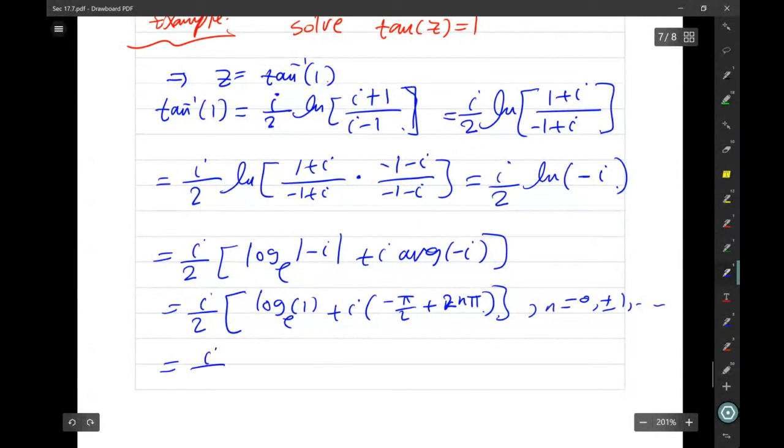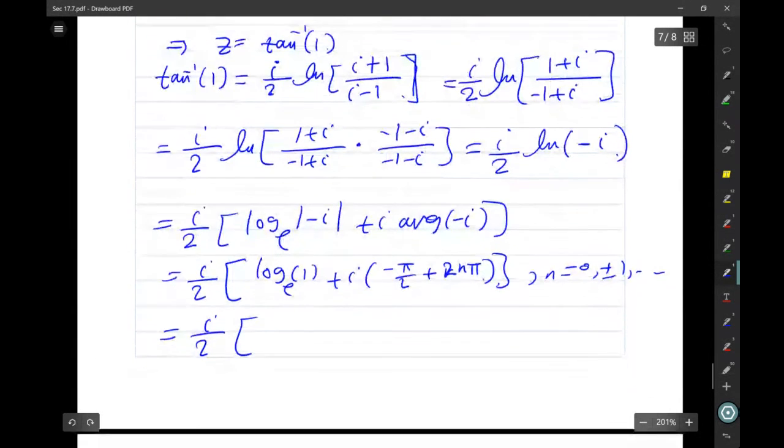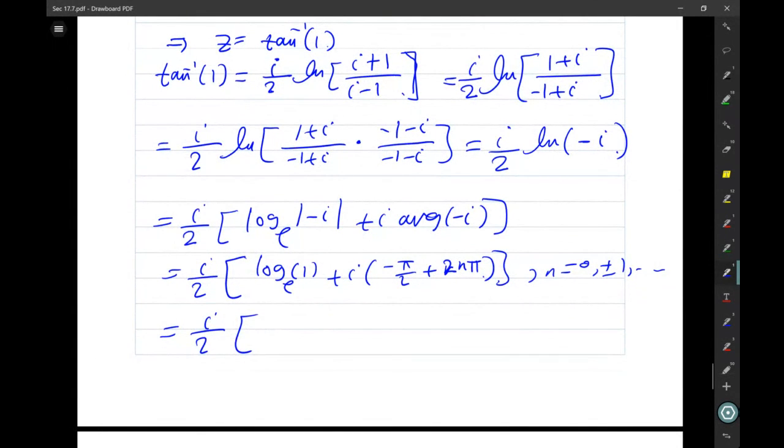This equals i by 2 times logarithm of 1, which is 0, plus i times minus pi over 2 plus 2n pi. i times i is i squared, which is minus 1.